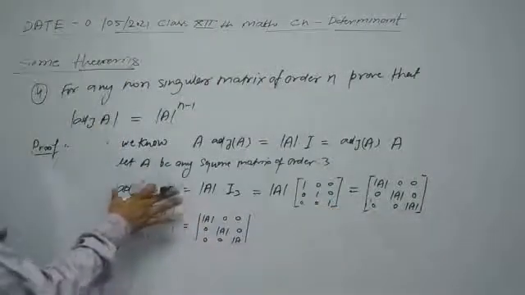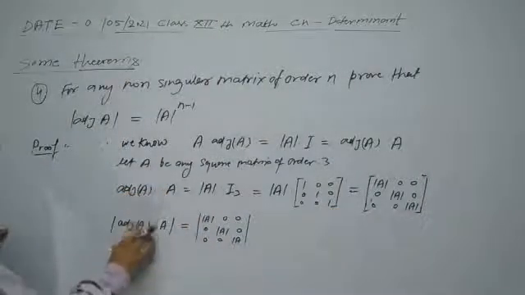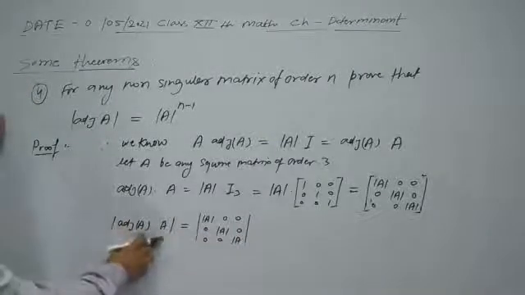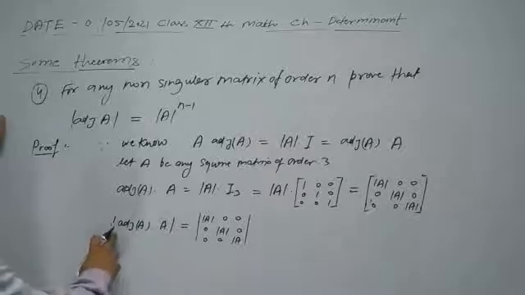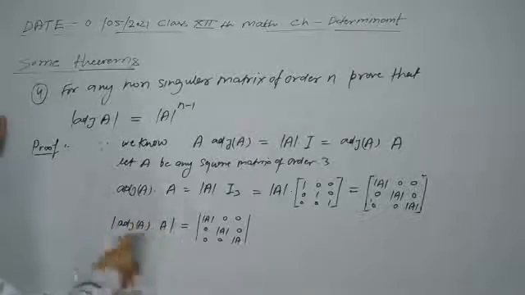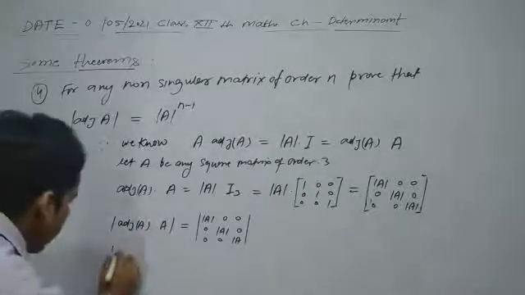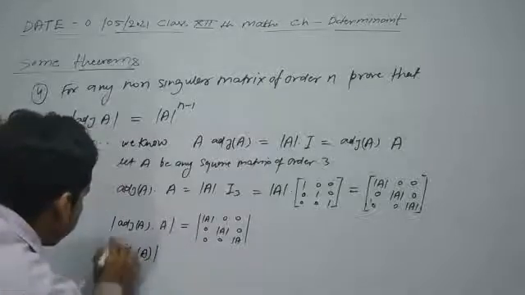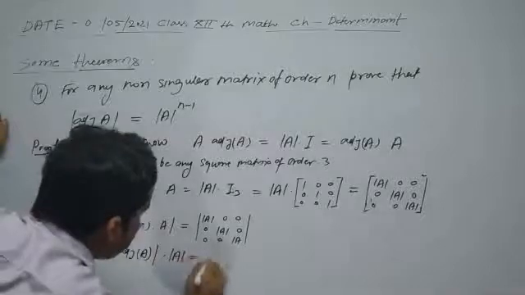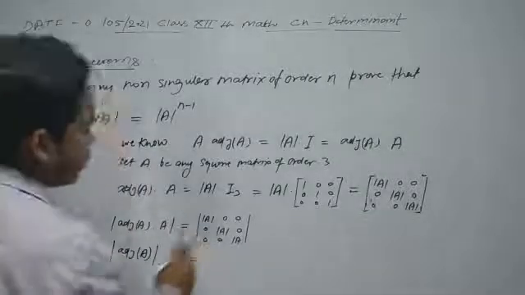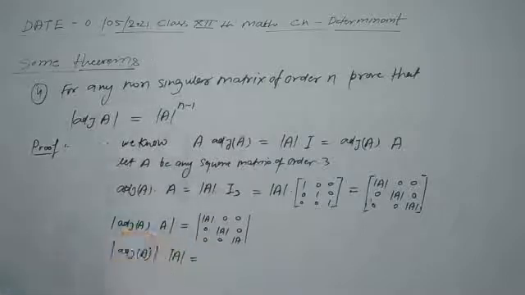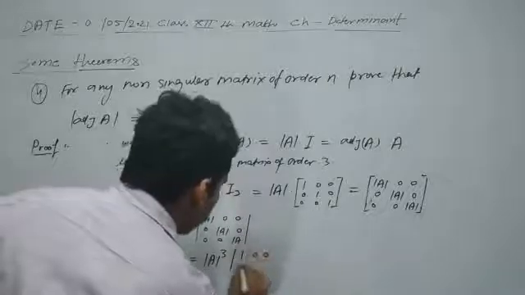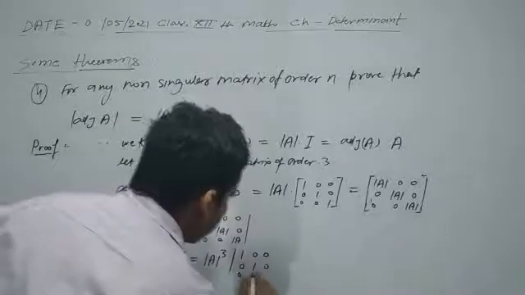So the determinant of adjoint of A into A is a product, and the determinant of a product of two matrices is always equal to the product of their determinants. So this can be written as determinant of adjoint of A into determinant of A is equal to determinant of A taken common from each row, leaving 1 0 0, 0 1 0, 0 0 1.